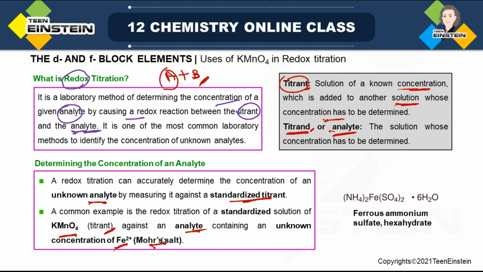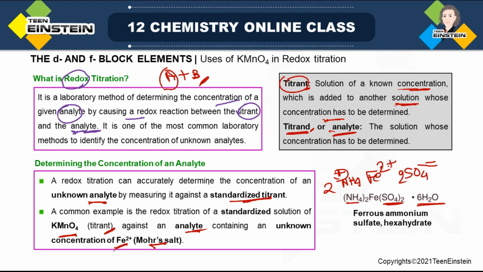Mohr's salt formula is given here. It is ferrous ammonium sulfate hexahydrate, because 6 water molecules are there. So here we have 2 NH4+ ions, 1 Fe2+ ion, and 2 sulfate.